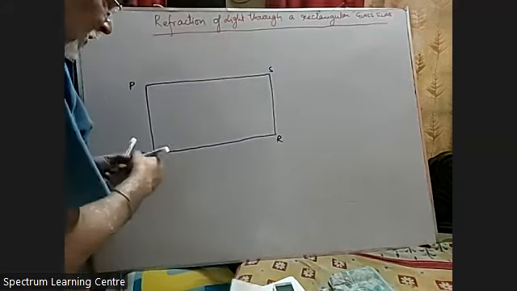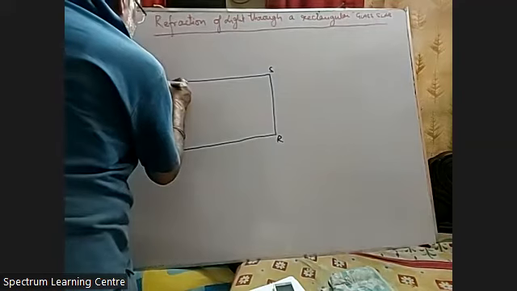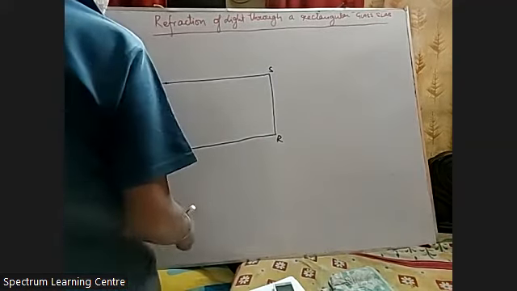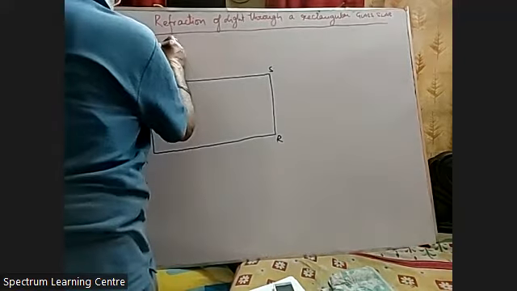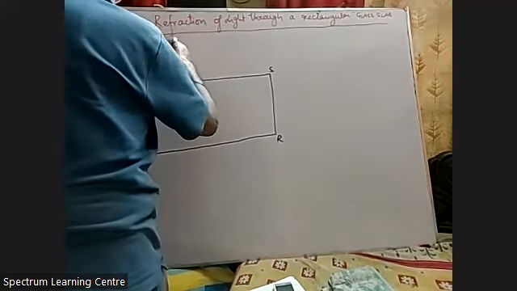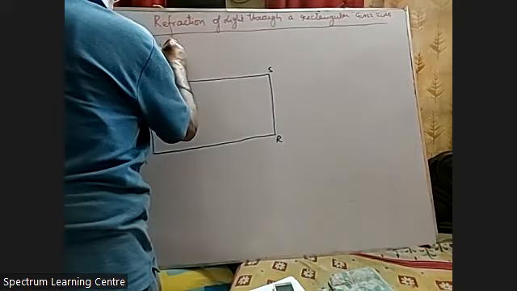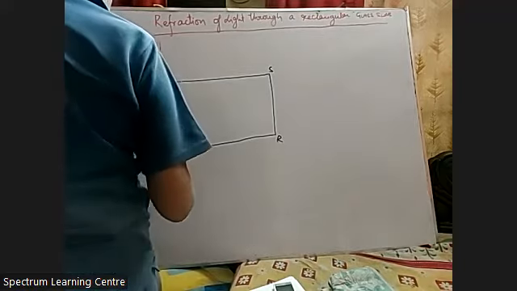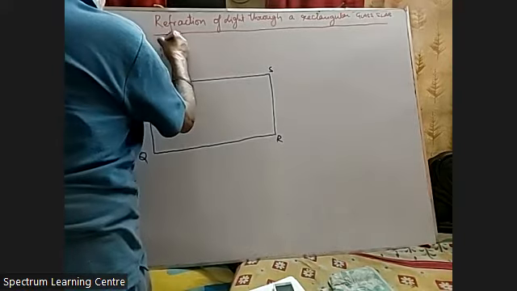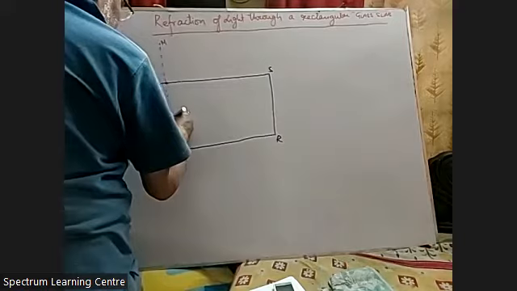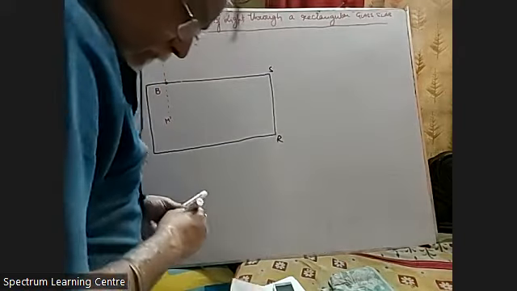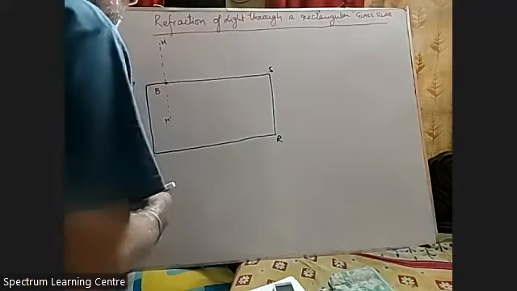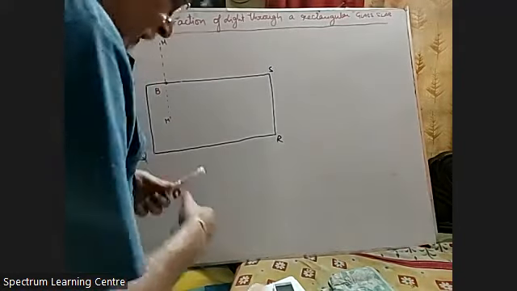Now a ray at point B. So at point B, a ray enters the glass slab. So we'll have to draw a normal, MBM dash. Right? Okay.